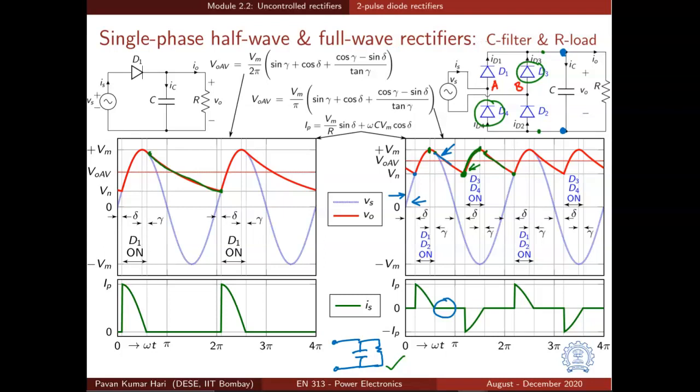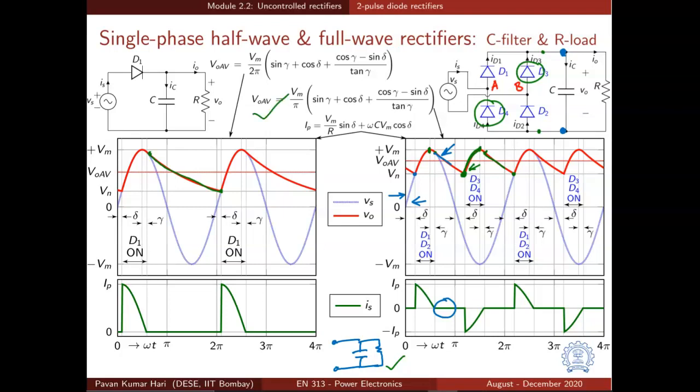The average output voltage VO average can be found by integrating the sine wave plus the exponential fall interval appropriately, as explained in the case of the half wave rectifier. So we first find the instant gamma, and then from gamma we have an iterative solution to arrive at delta, and using gamma and delta we can obtain an expression for VO average, which is given here.